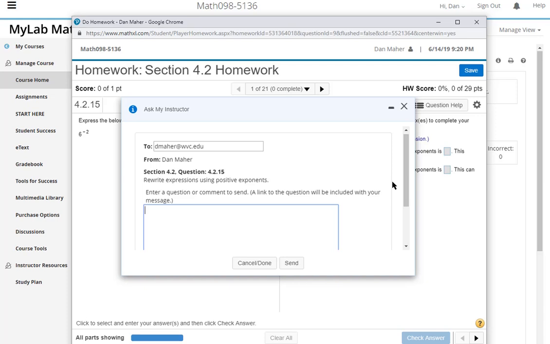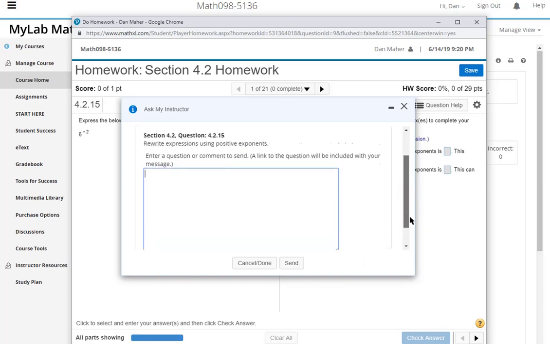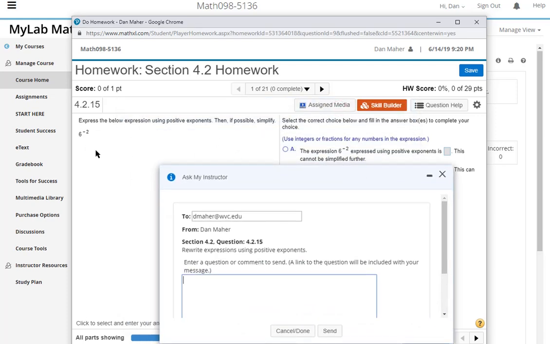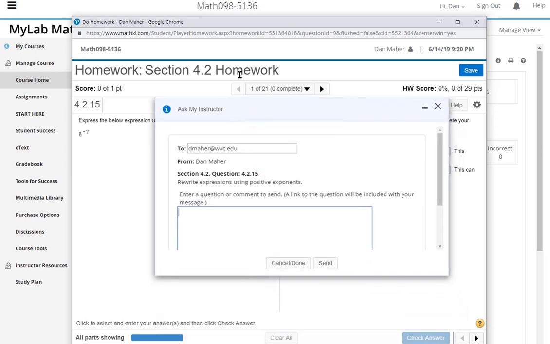So you can interact with me. But the key thing that saves a lot of time is that it actually sends me exactly this problem. I can see that you're trying to get 6 to the negative 2 power, and how they're asking for answers and so on. And then I can send something back to you. Hopefully that will help.